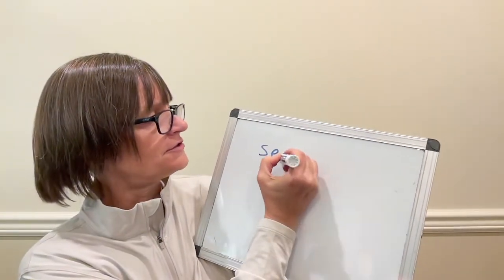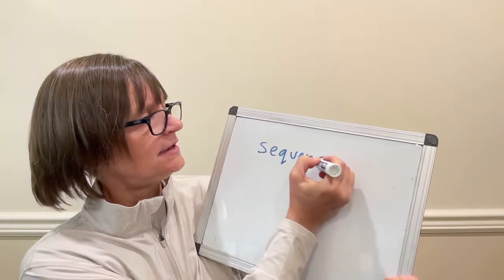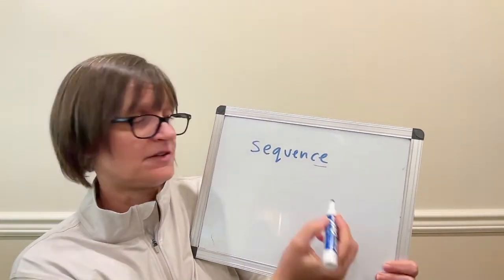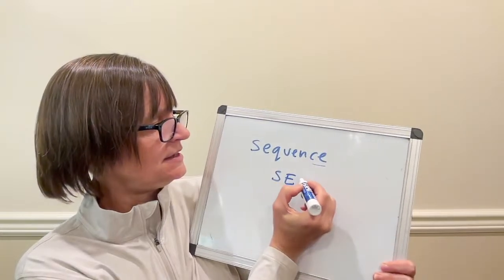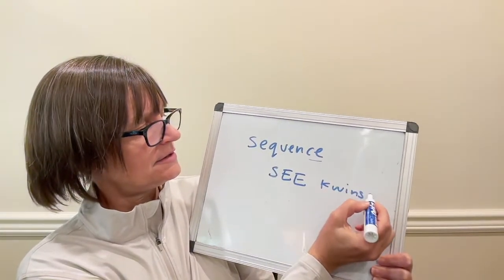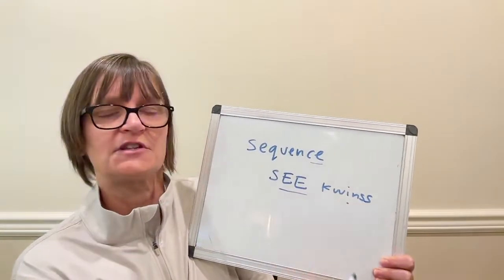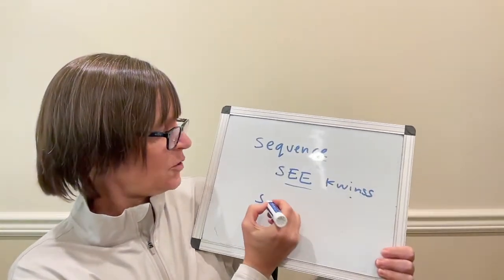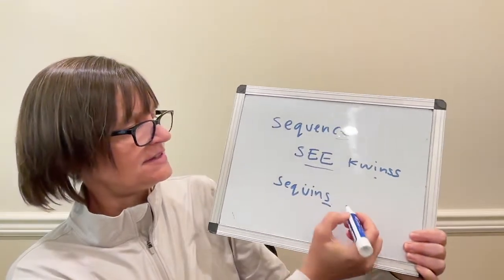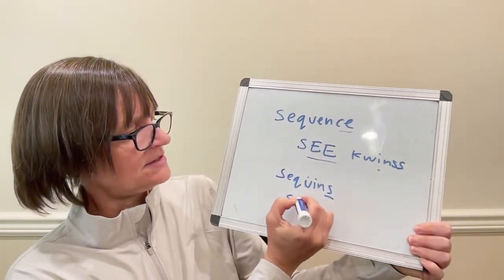All right, we have a question about whether sequence and sequins are homophones. So no, they're not. So sequence, in sequence, is the S sound at the end. So we have sequence. So the sequence of events versus sequins. This S is a Z sound. So that sounds like sequins.